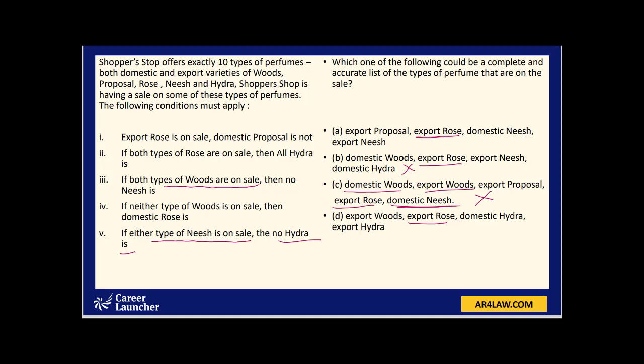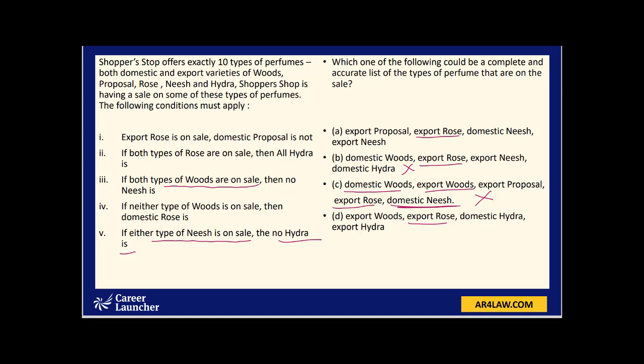Now we are left with options A and D. Let's have a look at condition number 4. Condition number 4 says, if neither type of woods is on sale, then domestic rose is. That means if my list of perfumes does not include any type or any variant of the perfume woods, then definitely that creates the space for the domestic rose.